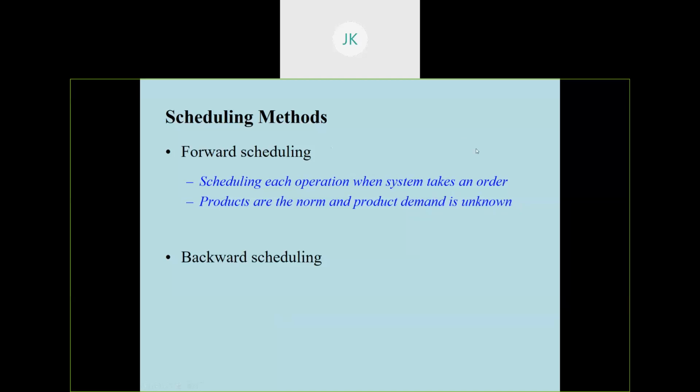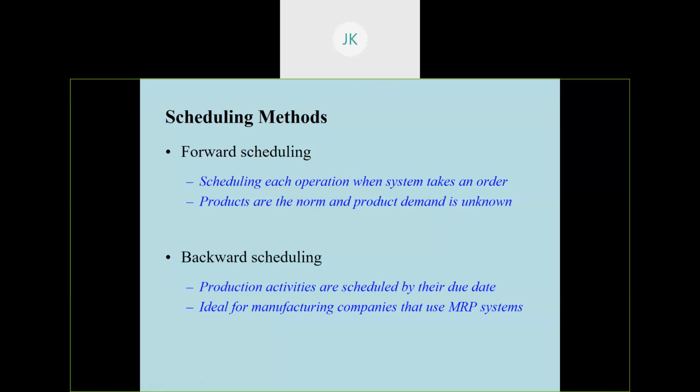I will show you how forward scheduling works. Suppose there are multiple works in a system, and here is the customer side, and then the supplier side.